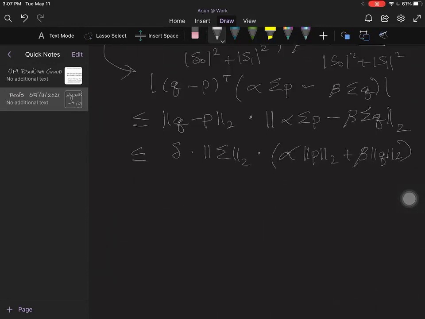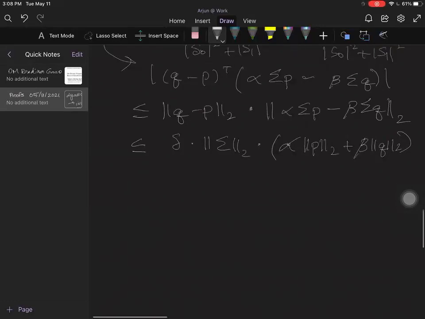Does anyone want to explain how we can write something like that? Or have any thoughts about it? It's the triangle inequality. Yes, exactly. So it's just the triangle inequality. Just a quick side note here.